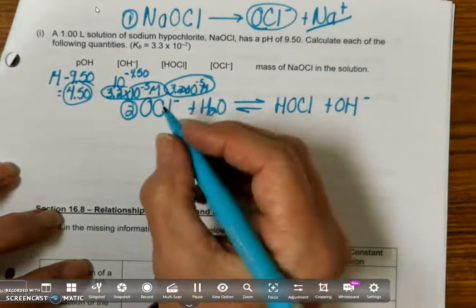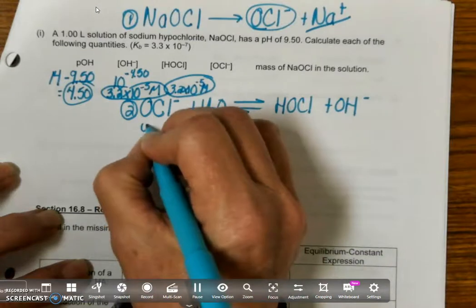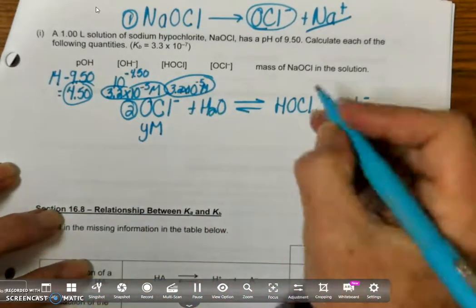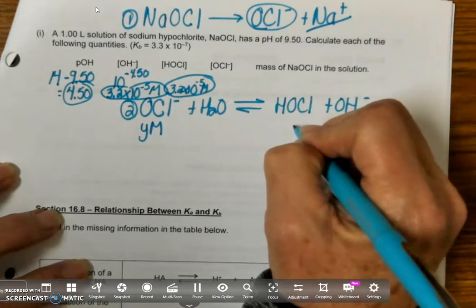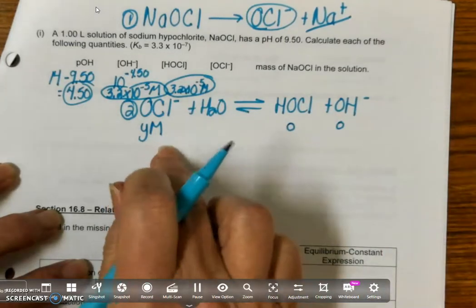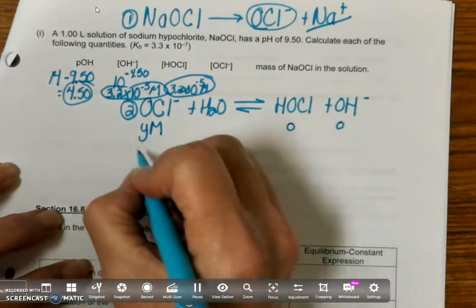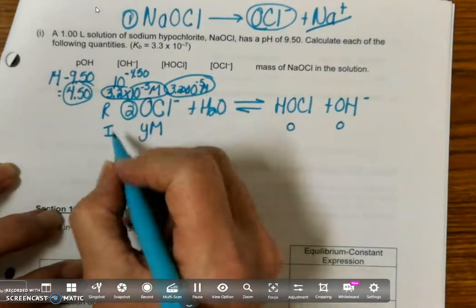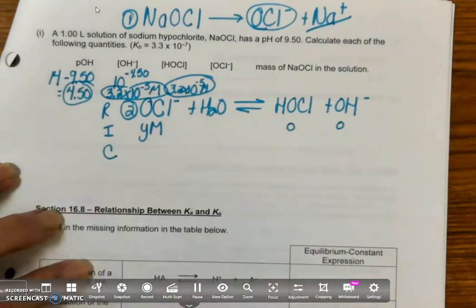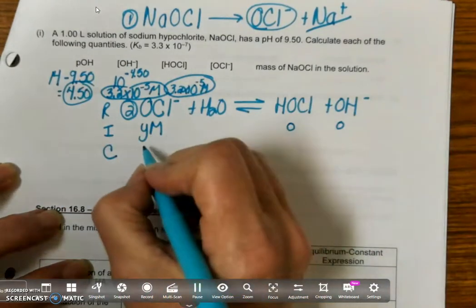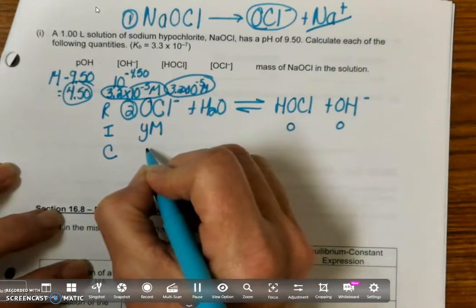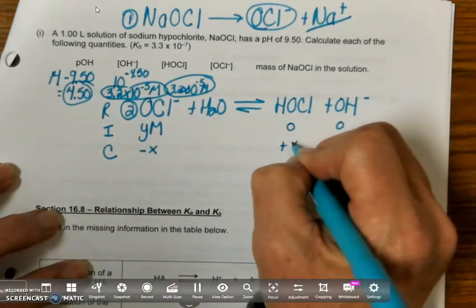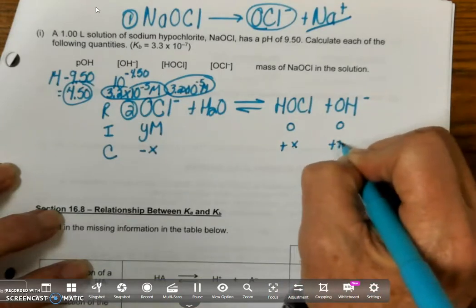So what I'm going to do is I'm going to call this Y. And then I have some Y amount, right? And 0 and 0. I don't know what that is. All right, change. So this is R, this is I, and this is C. Now, this is going to be minus X. This is going to be plus X and plus X.